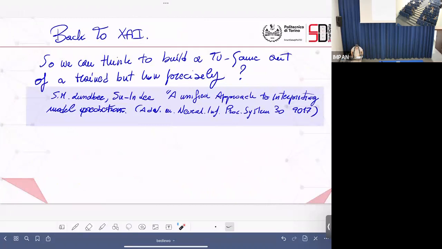So the idea is due to Lundberg and Lee, 2017. The idea was to build a construction to use transferable utility games, thinking about the features involved in your machine learning model. Think of your favorite machine learning model.